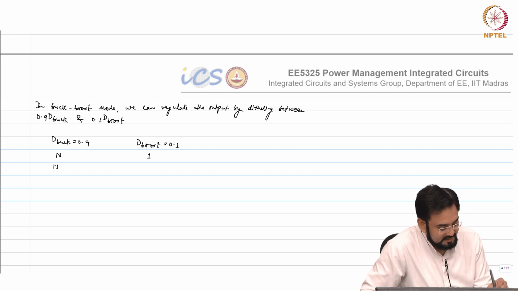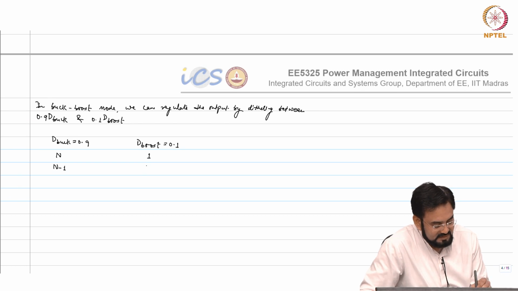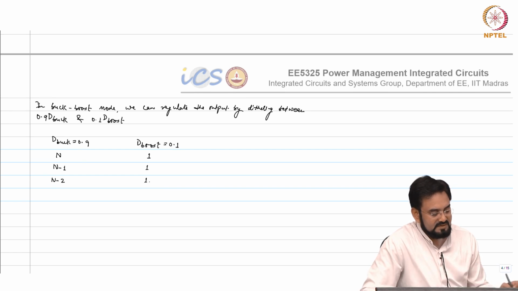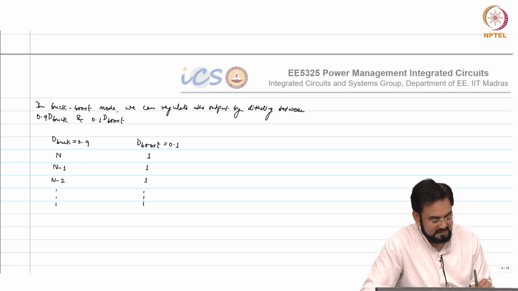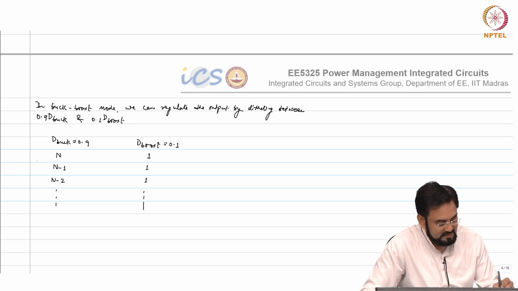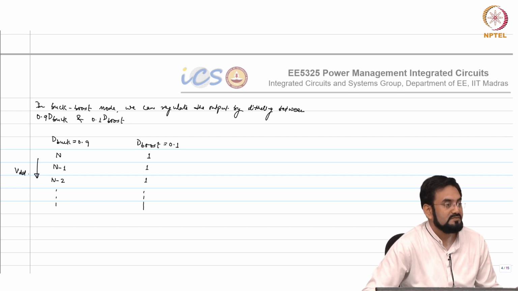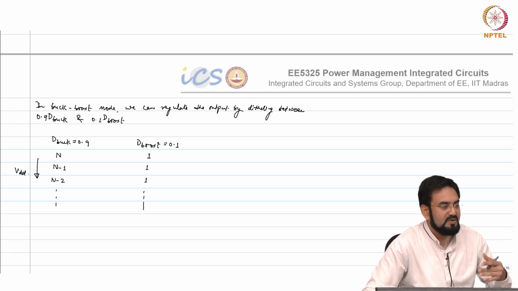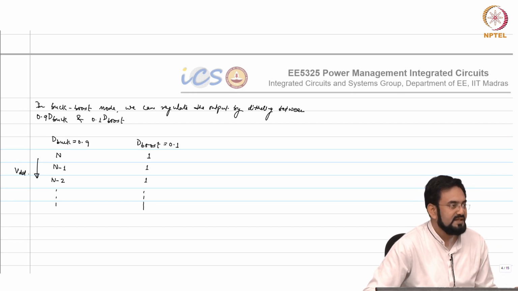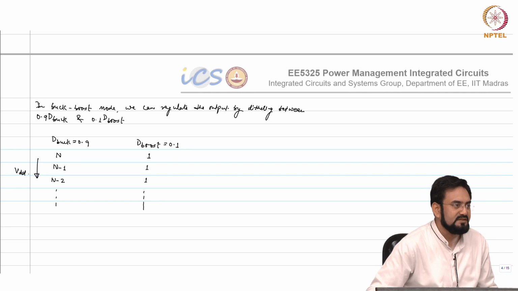Okay. Then n minus 1 of this and 1 of this, n minus 2 of this, 1 of this. Okay. And this is your VDD, is it increasing or decreasing? You are reducing the number of buck cycles, which means VDD is reducing. For the same output, you want to increase the duty cycle when VDD is reducing.